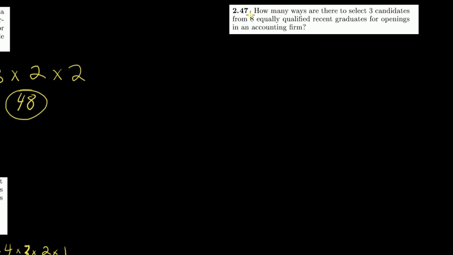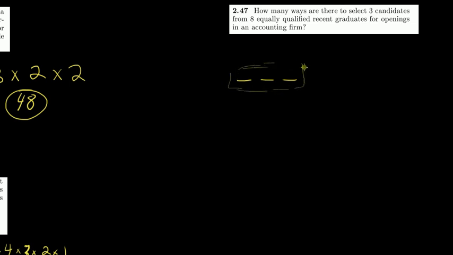So here, how many ways are there to select 3 candidates from 8 equally qualified graduates for openings in an accounting firm? Okay, so we want to choose 1, 2, 3 from 8. Now, what's really important here is we do not care about the order of these at all.